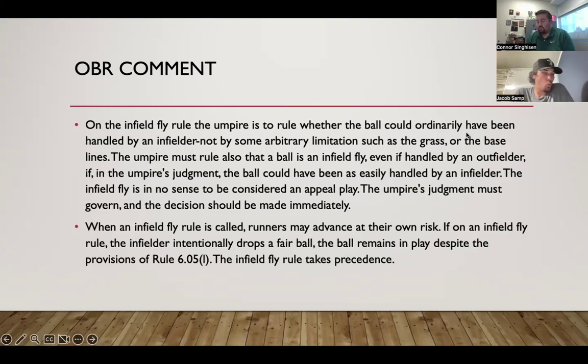So when we have an infield fly, the batter runner is out. And the reason for that, as Connor was alluding to, is we're protecting the offense from a cheap triple play. By invoking the infield fly rule, we call the batter runner out, which eliminates the force. As soon as the infield fly is called, the batter runner's out.